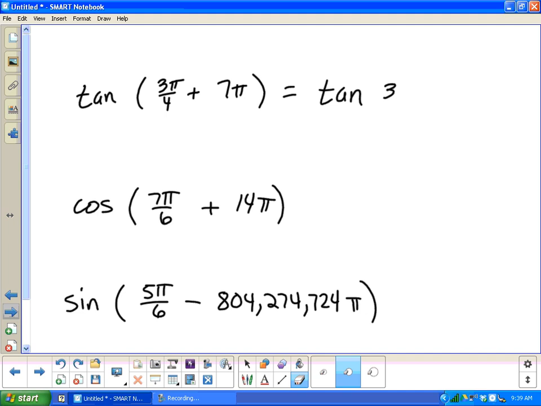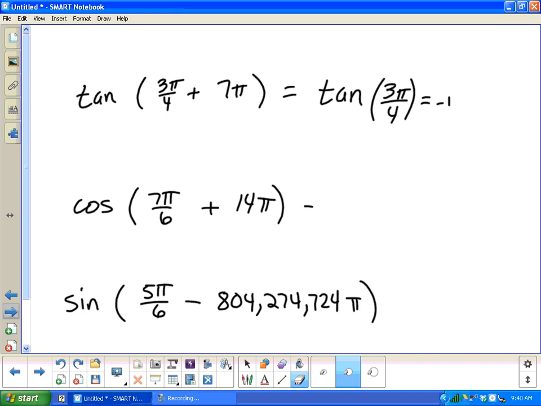It's just the tangent of 3 pi over 4. What is the 7 pi going to do? It's just going to go around the circle 3.5 times, isn't it? But it's going to arrive at the same tangent value. So if I add a multiple of pi to tangent or cotangent, it's the same thing. Now, what is the tangent of 3 pi over 4? Negative 1.